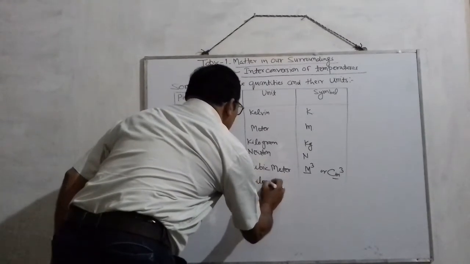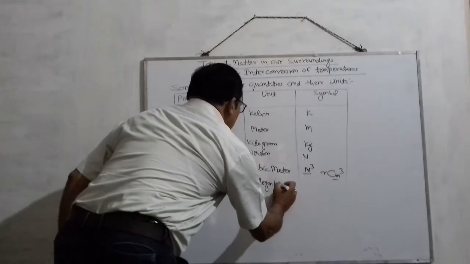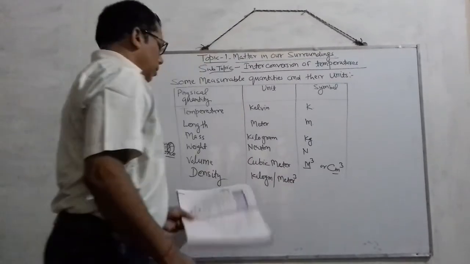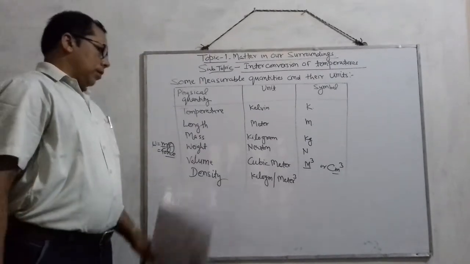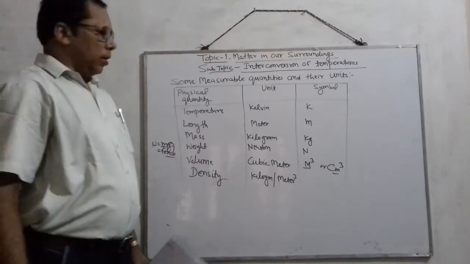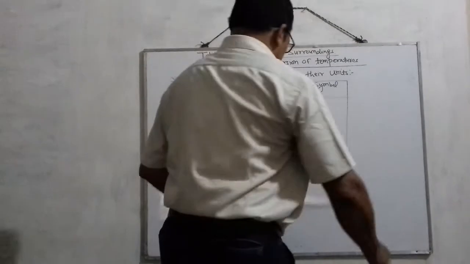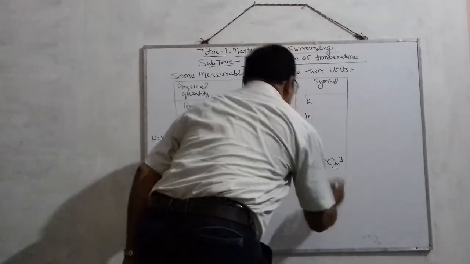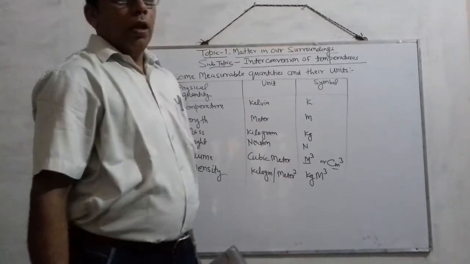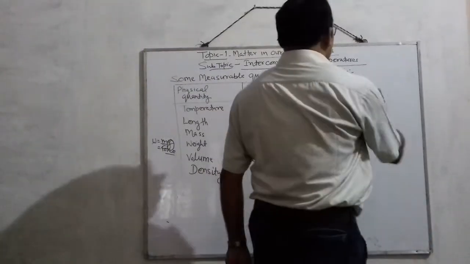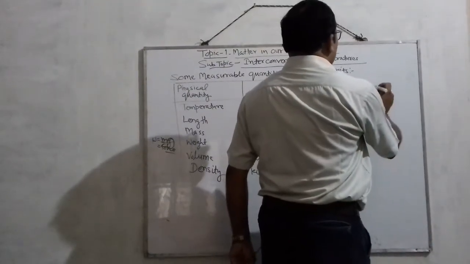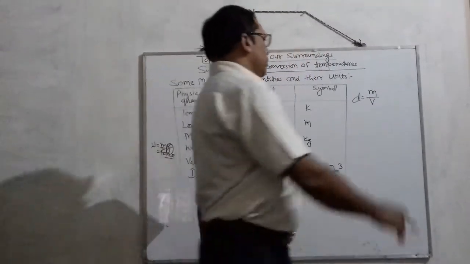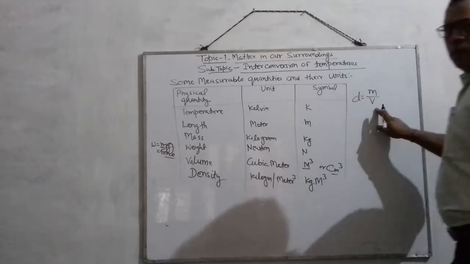Its symbol is kg m cube. And you know that the density of a substance is mathematically mass per unit volume. So D is m by v.